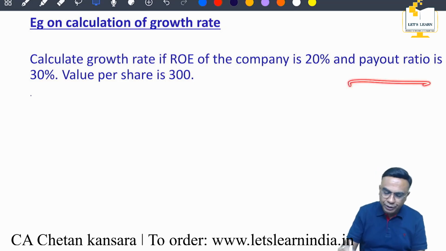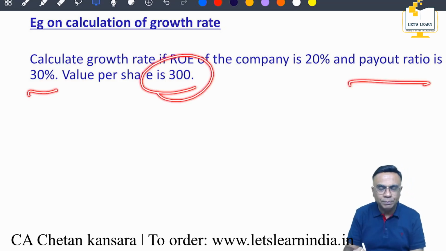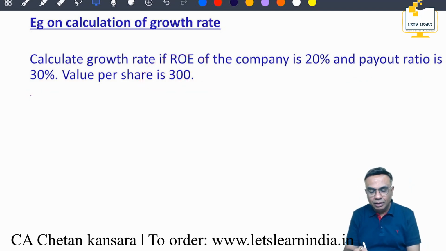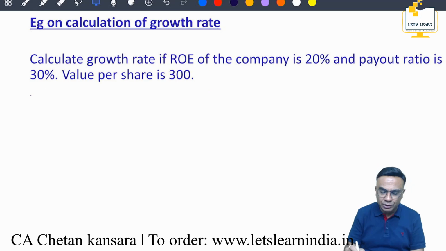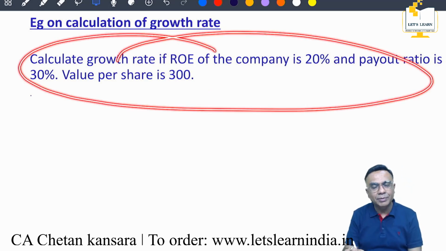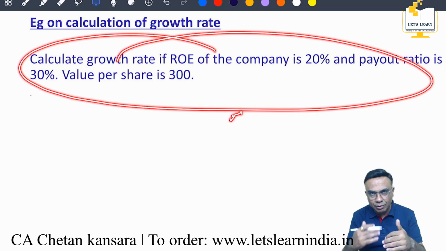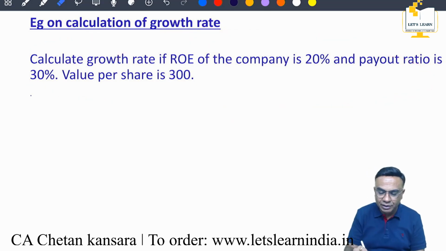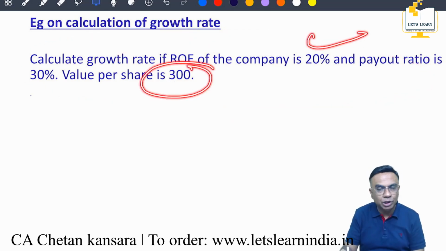Payout ratio is 30% and the value per share is 300. To understand the growth rate, we calculate earning per share and dividend per share for 3 years for better understanding. I repeat, the value of the share is 300 and return on equity is 20%.